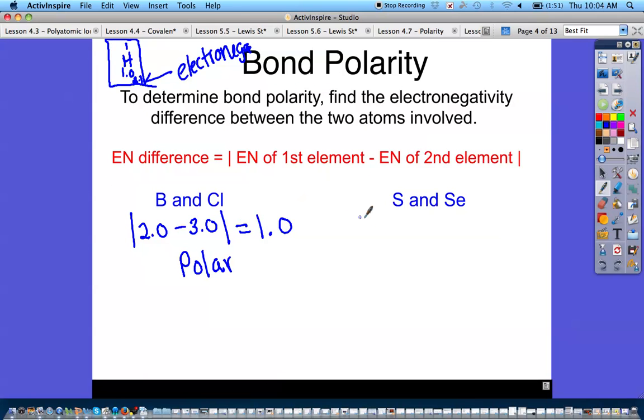Sulfur has an electronegativity of 2.5 and selenium has an electronegativity of 2.4. This is going to give us an electronegativity difference of 0.1. This is going to be a nonpolar bond.